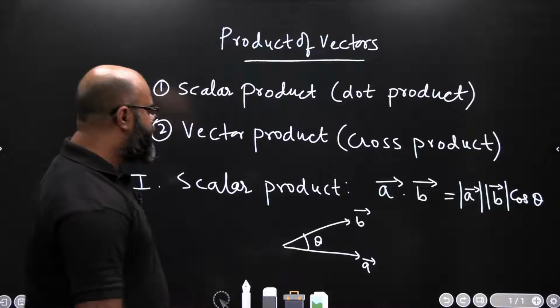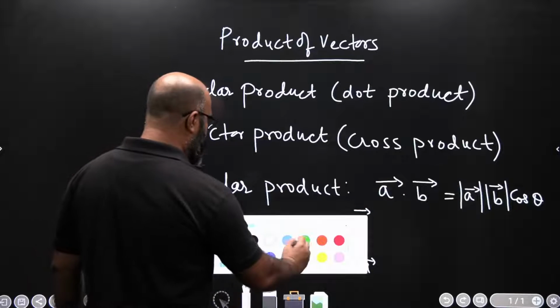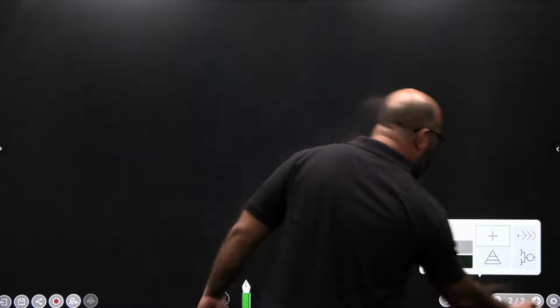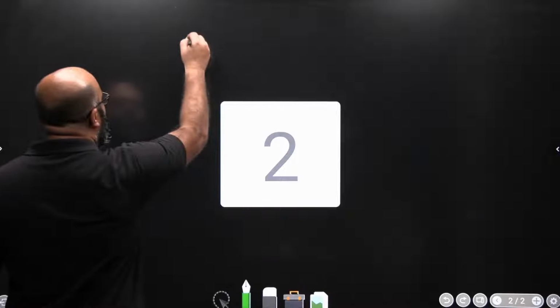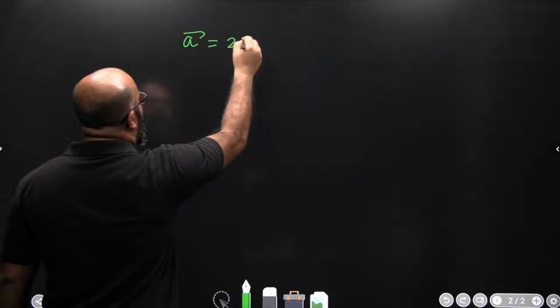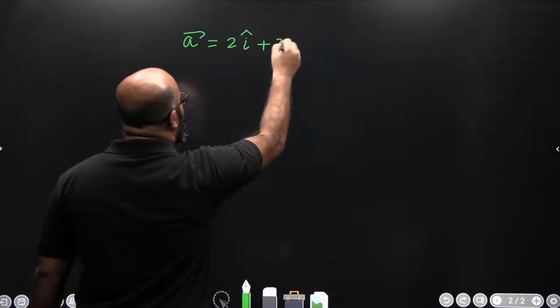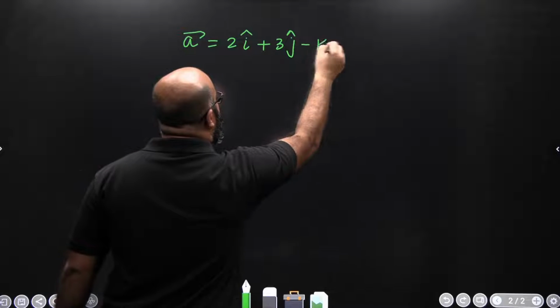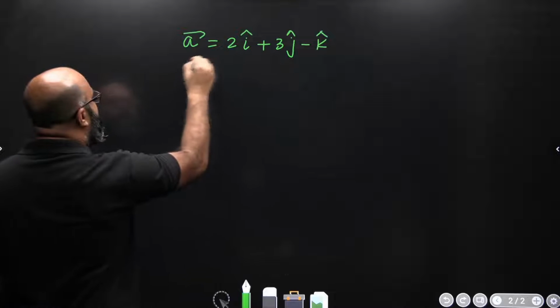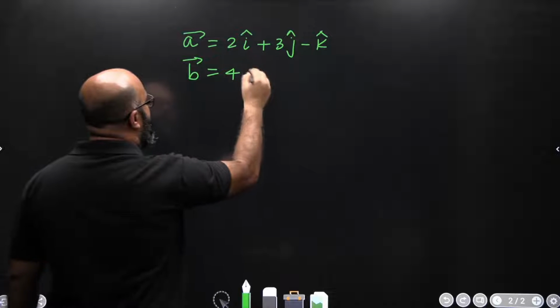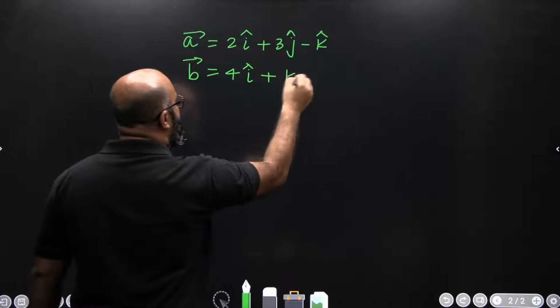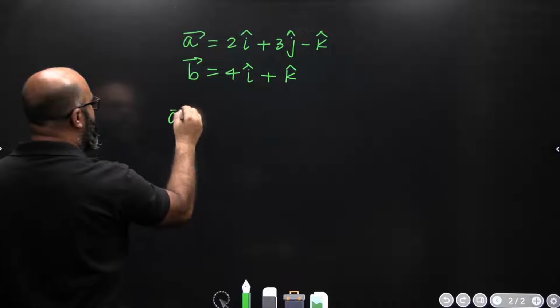Now for example, if I say that there is a vector a which is 2i cap plus 3j cap minus k cap, and this is b vector which is 4i cap plus k cap, and you have to find a dot b.